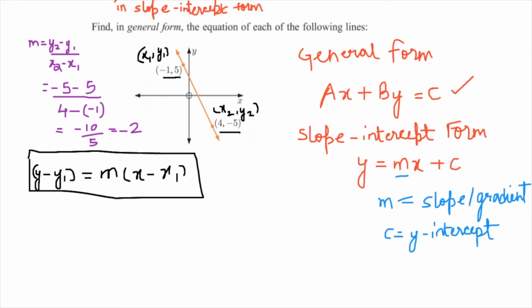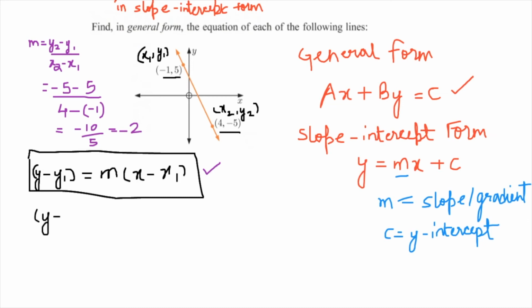I have taken the 2 points on the line as x1 y1 and x2 y2, and I'm going to use this formula for getting the equation of a line. For any line wherein x1 y1, that means any one coordinate is given to you and also m is given to you, or there is a possibility of finding m, you can straight away use this formula. Let's plug in the values. I'll leave y as it is because my equation should have x and y variables.